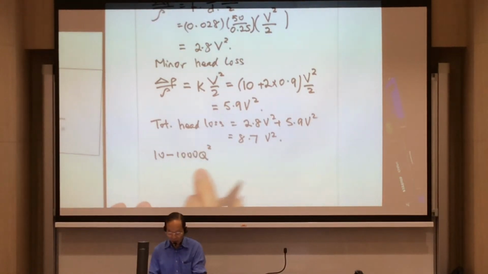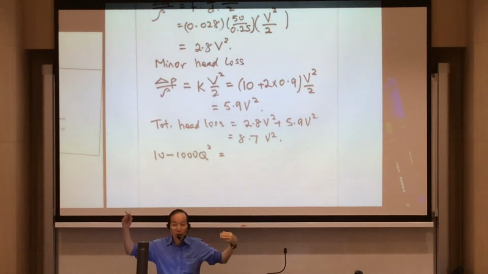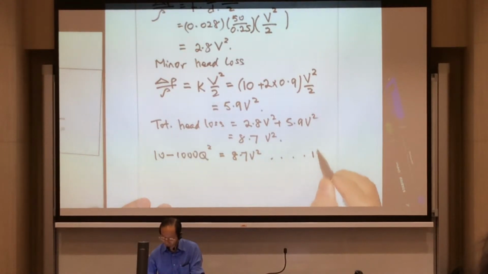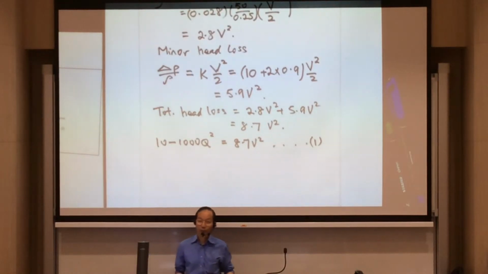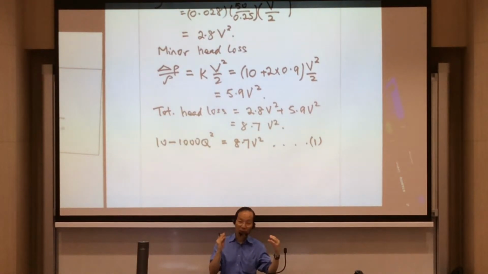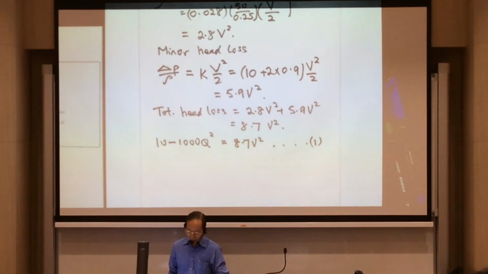So this is actually delta P over rho for the pump equal to delta P over rho for the total loss. So it's 8.7 V squared. Equation 1. Okay? There's a total head loss of 8.7 V squared. And the pump must overcome this head loss, and that is 10 minus 1000 Q squared. Okay.